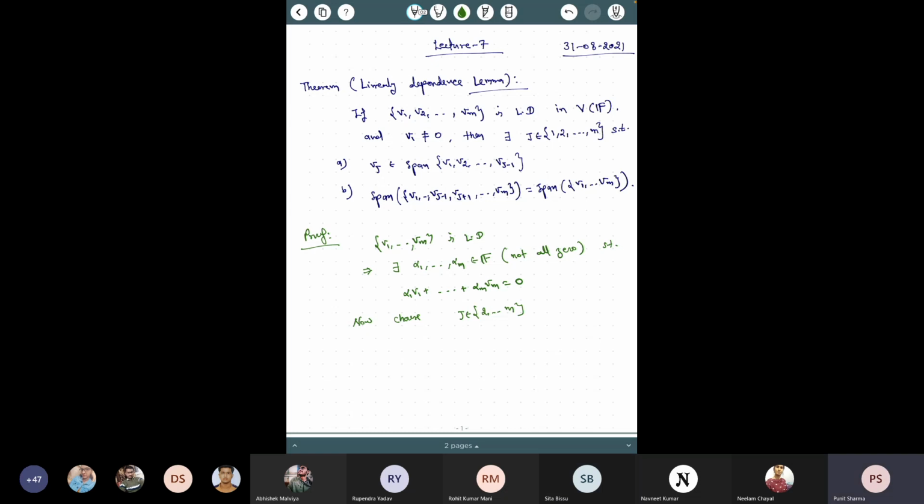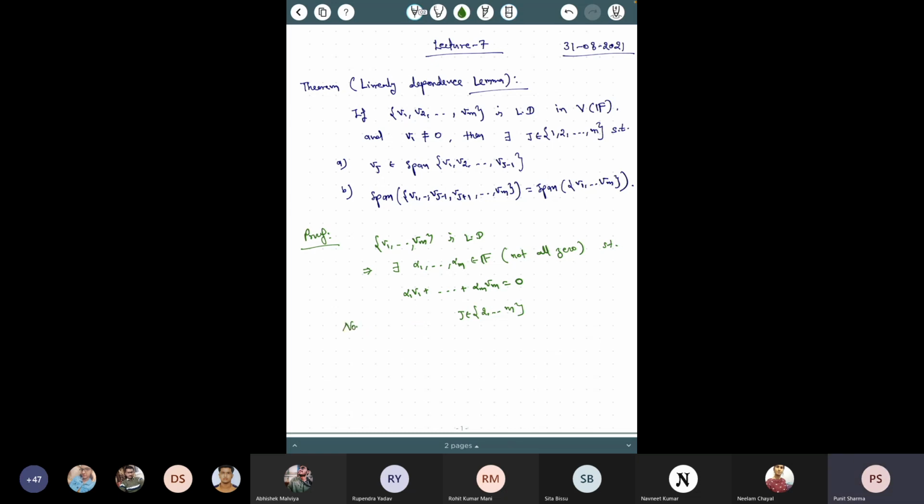Now what is given is that this set is linearly dependent. So using the definition, you know that for some combination, this linear combination is 0, where not all the scalars are 0. At least one of them is non-zero, but you don't know which one. So now see whether what I'm writing is possible or not.